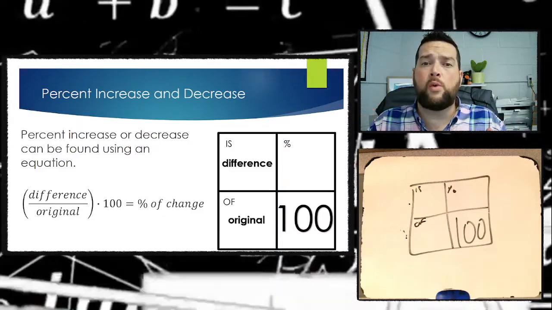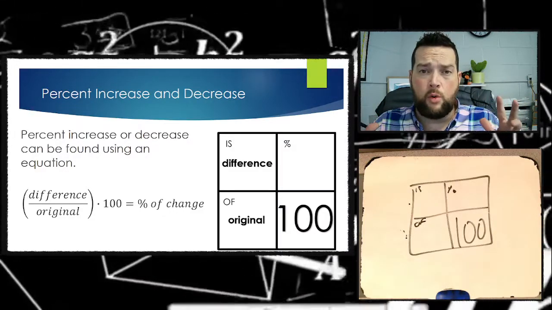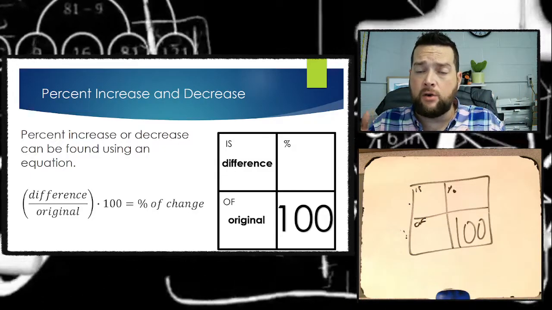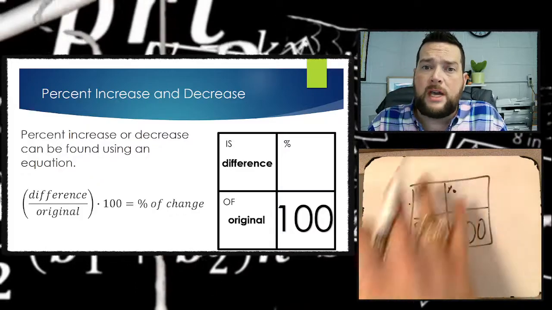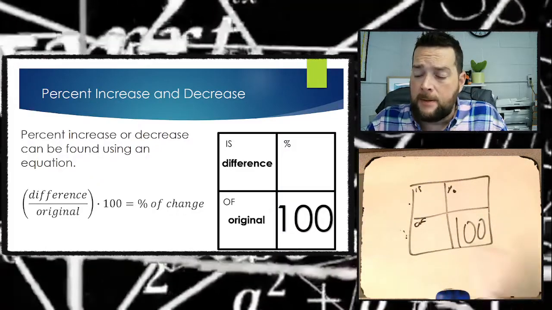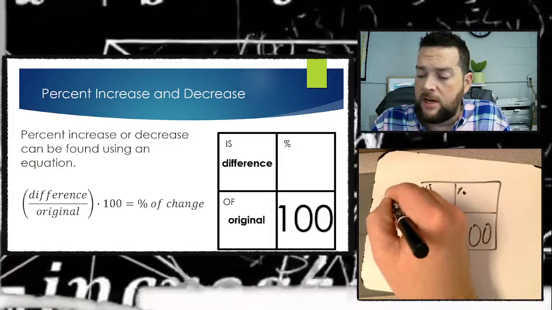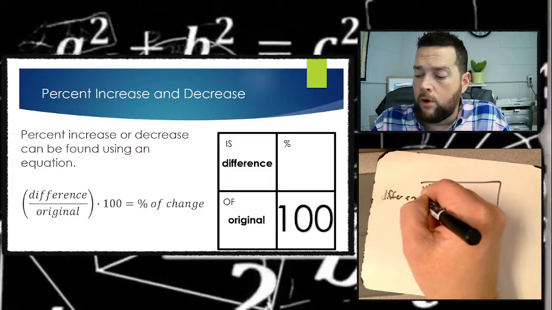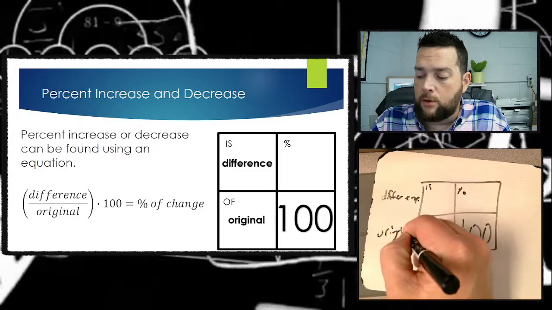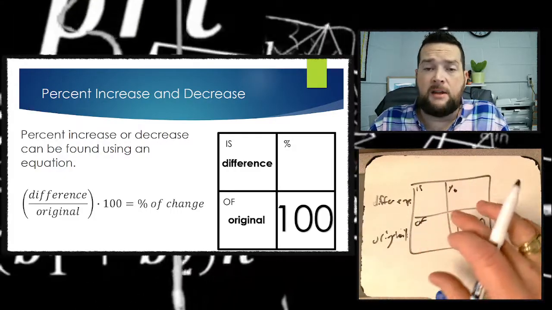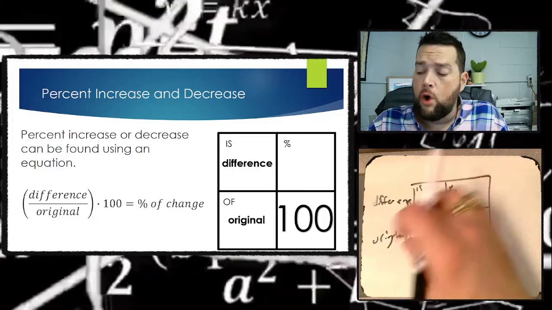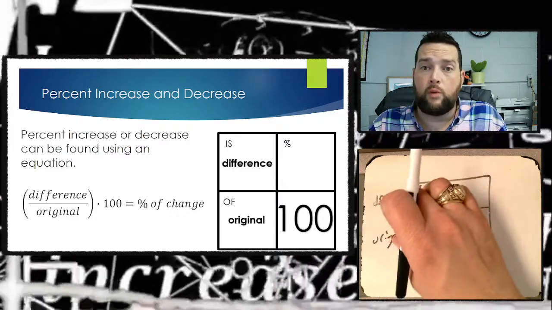Now, the hot button words or the key vocabulary words are increase and decrease. All right, so if you ever see those words, we can still use a percent box just like this, but we're going to think of it in terms of difference over original. We're going to talk about what those words mean here in just a second, relevant to math and all that. But instead of thinking about part over whole, we're thinking about difference over original, all right?